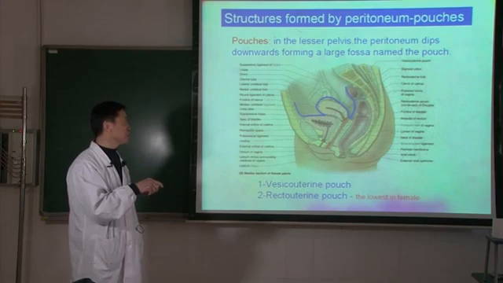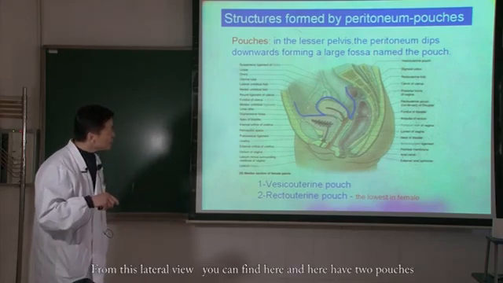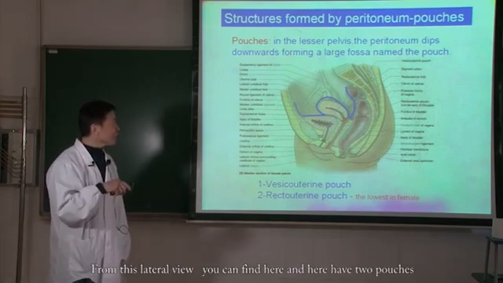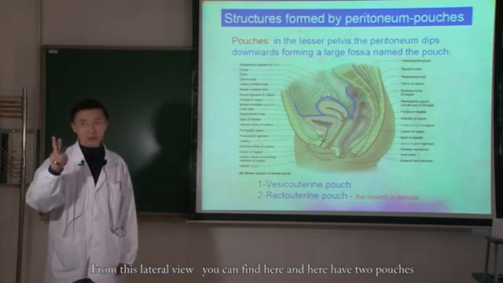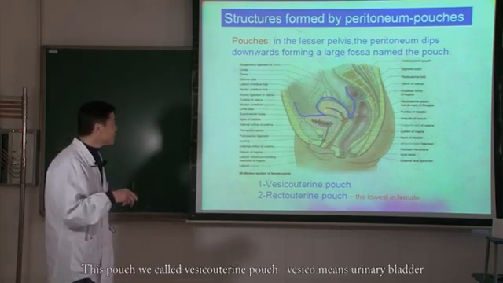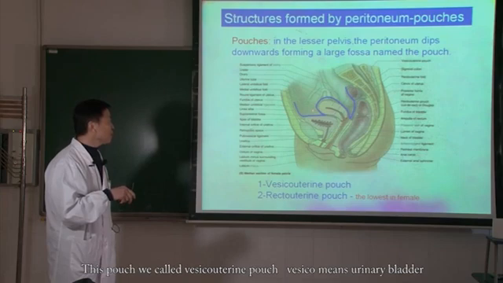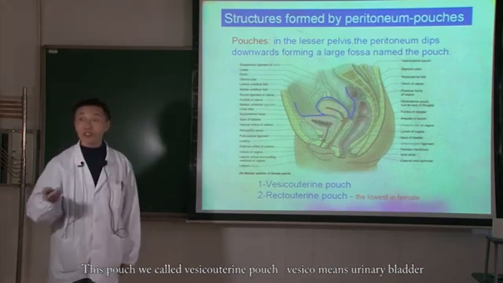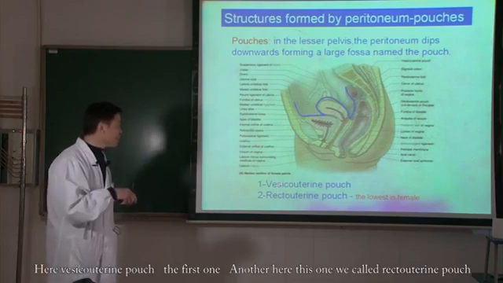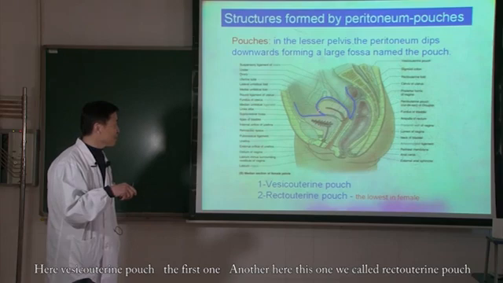Parietal peritoneum. From this lateral view, you can find two pouches here and here. This pouch we call the vesicouterine pouch. Vesical means urinary bladder here. The vesicouterine pouch is the first one.